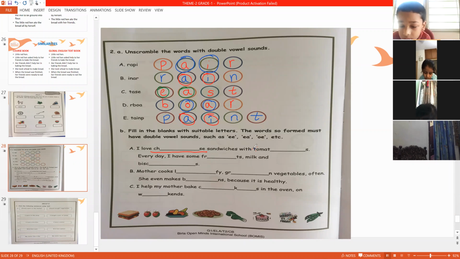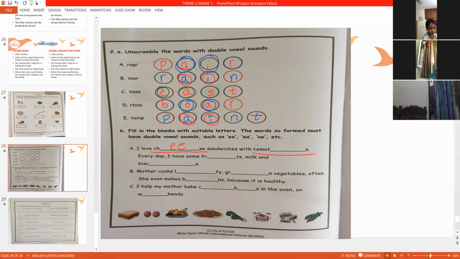Double E. Yes, double E. So we will write here double E. And you can see here one more blank. I love cheese sandwiches with T-M-A-T-S, blank O-E. Yes, O-E. Can you read that complete word? What is this word?